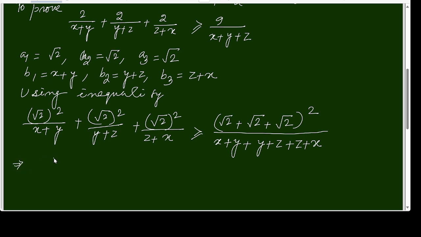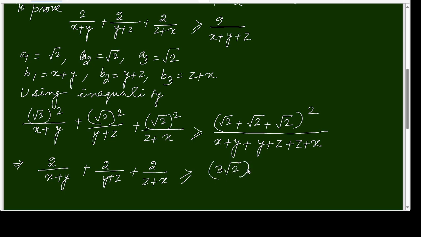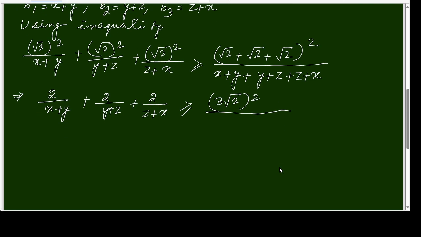This implies that I'm getting 2 over x plus y plus 2 over y plus z plus 2 over z plus x is greater than or equal to 3 root 2 square over twice x plus y plus z.